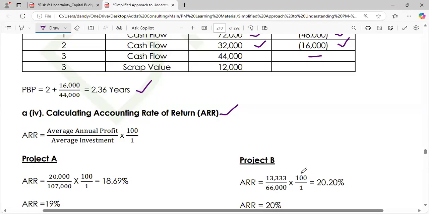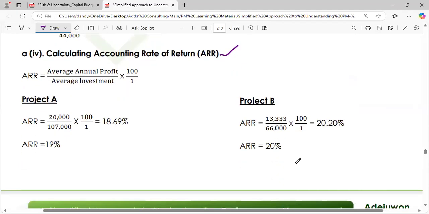So in this case, the examiner has made life so easy for you in this question because already you have accounting profit or loss. So all you need to do is go ahead and calculate your depreciation because you already have depreciation. In fact, you don't even need depreciation again because you are not using cash flow to get your accounting rate of return.